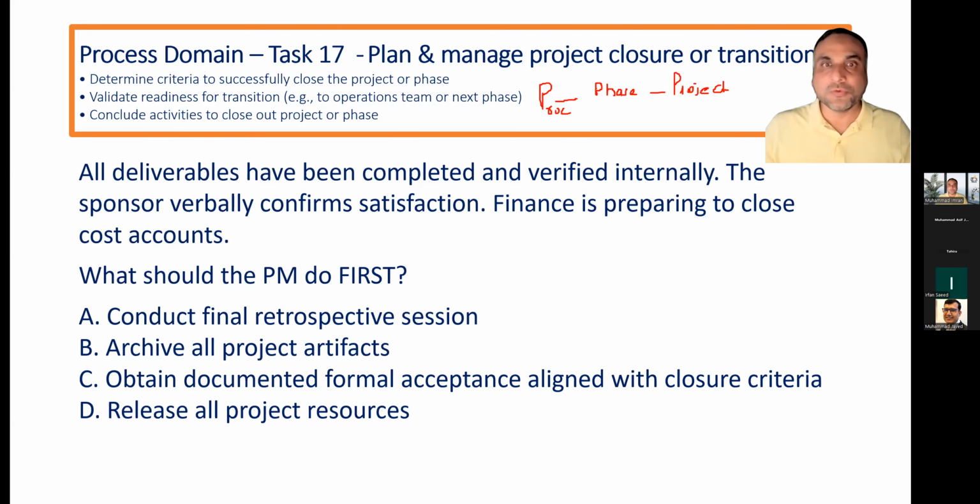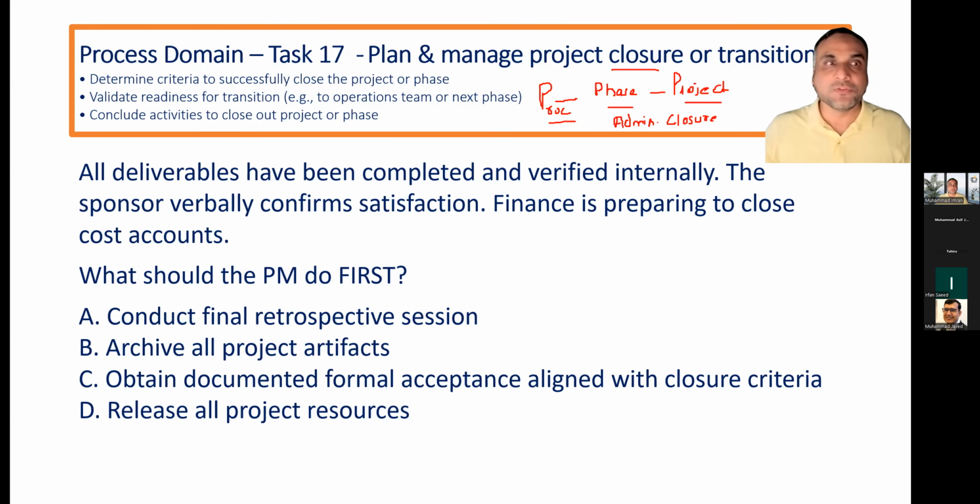For each of them, whether procurement, phase, or project, we have to perform administrative closure activities, which means collecting all the documents, including the contracts, invoices, schedules, change requests, acceptance certificates, and everything, and putting them together so you can prepare a proper project file, which will be distributed at the end of the project to the required stakeholders and uploaded to OPA or to the archive also.